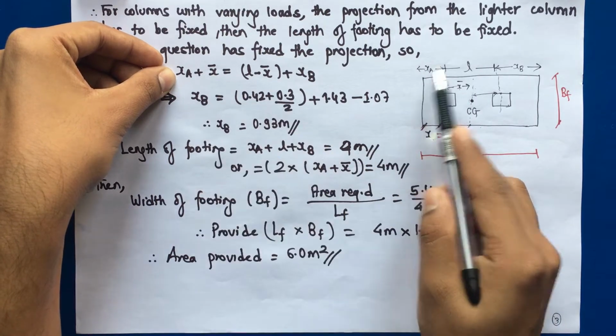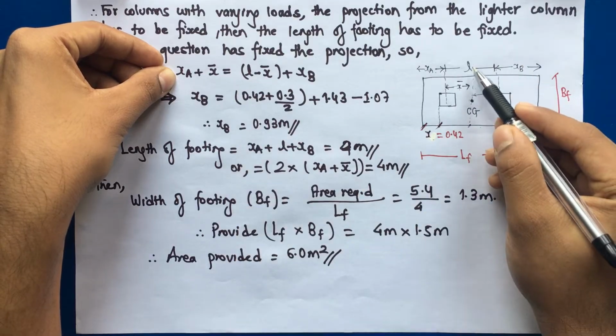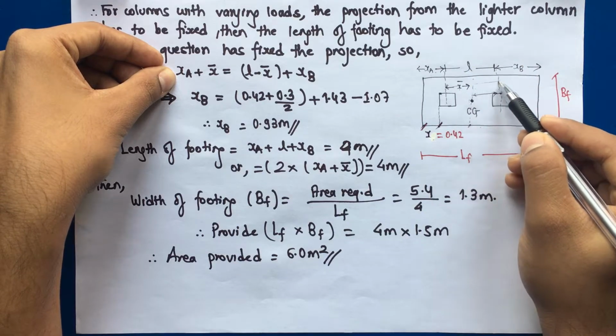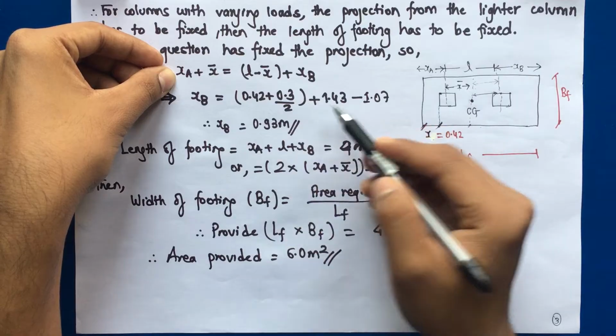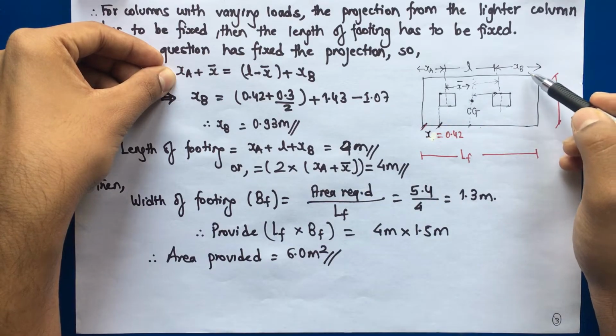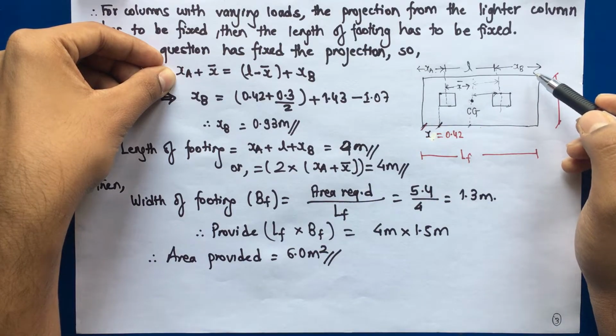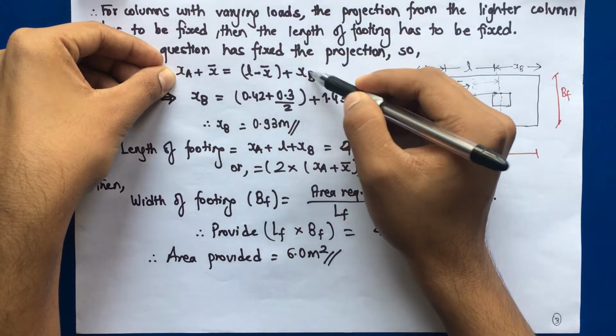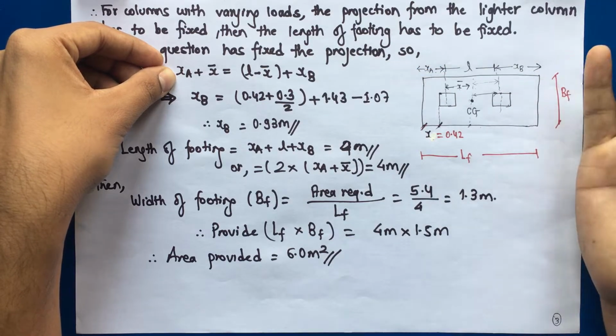So XA plus x bar is equal to L minus x bar, plus XB, sorry, XB is what we are trying to find.